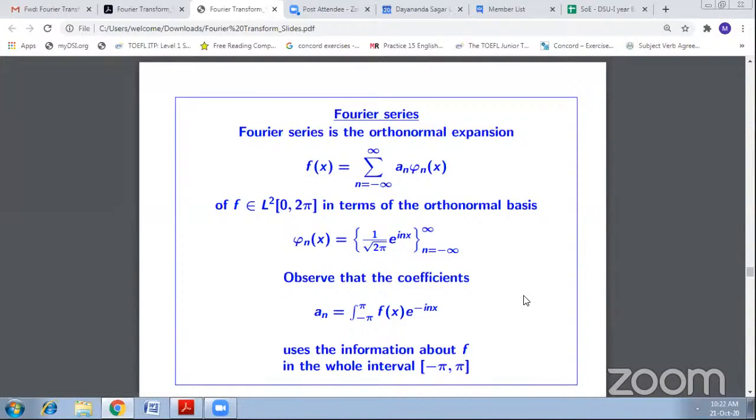So Fourier series is just a special case of the general orthonormal ideas. Now you see the coefficients are computed using the integral from minus pi to pi of f(x), so we use the information about the function on the entire interval, unlike Maclaurin or Taylor, which use only local information. So Taylor and Maclaurin are good for local analysis, while Fourier series are better for a more global analysis of a function.